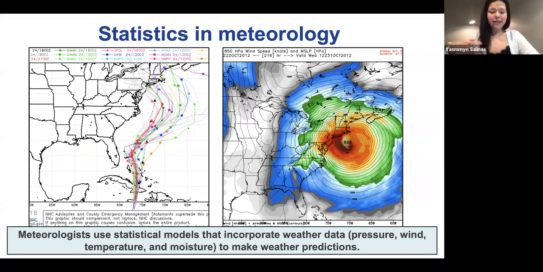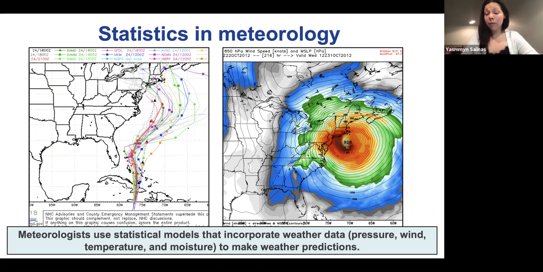What they do is build statistical models based on different mathematical equations that help us understand how air moves and how heat is exchanged in the atmosphere. They take observations of pressure, wind, temperature, and moisture from ground sensors or weather satellites, and they put that data into the equations.